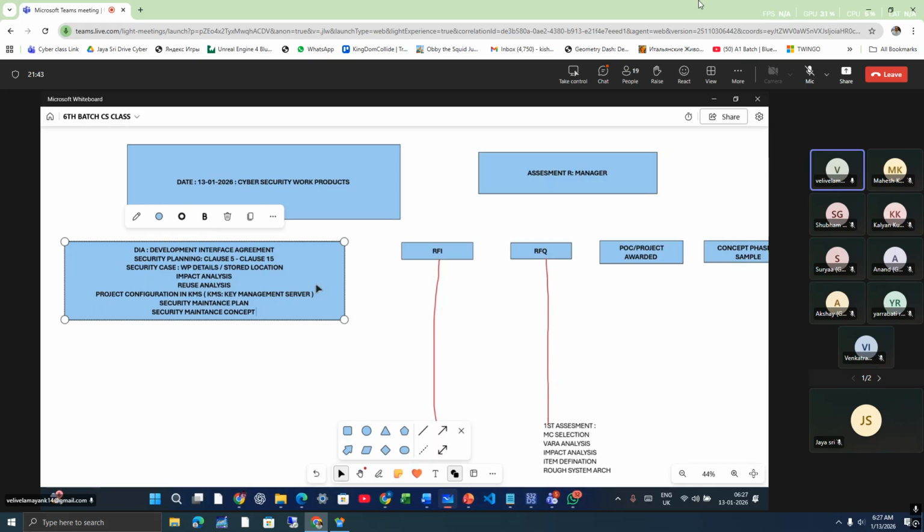Security maintenance plan is there, security maintenance concept is also present. These are all whose work products? DIA, security planning and security case, impact analysis, reuse analysis, project configuration in KMS, security maintenance plan and security maintenance concept. These are all work products belonging to the security manager.